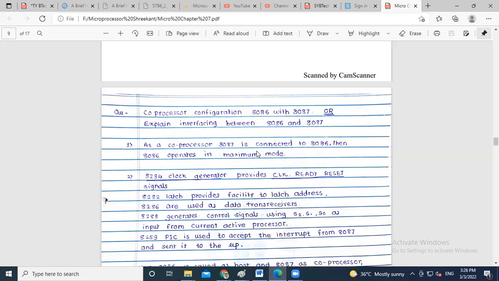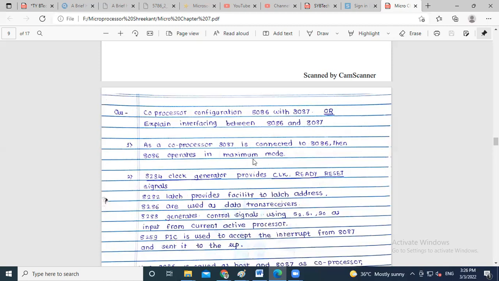Why maximum mode? Because in unit number 4 you have to study the minimum mode configuration and maximum mode configuration. Here I am using the 8086 in maximum mode configuration because the 8087 is a coprocessor and the arithmetic execution process is used with the 8086. That's why we say the 8086 and 8087 interfacing is a maximum mode configuration.